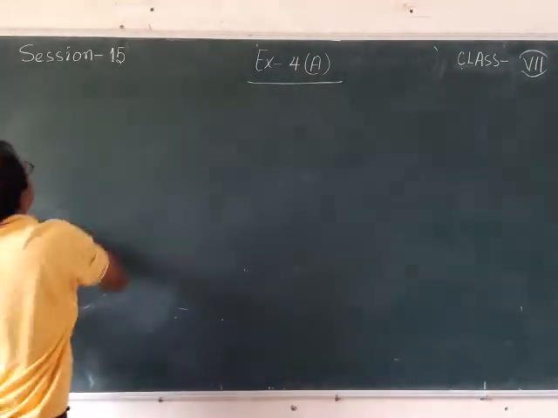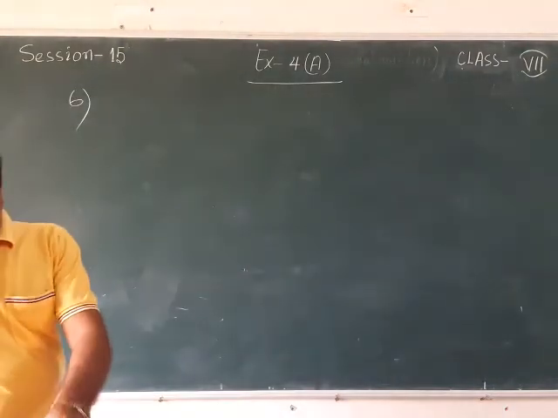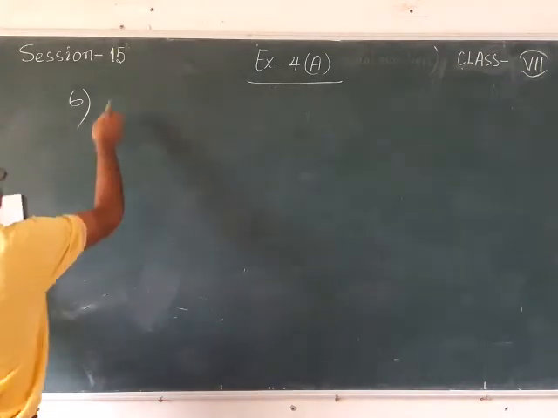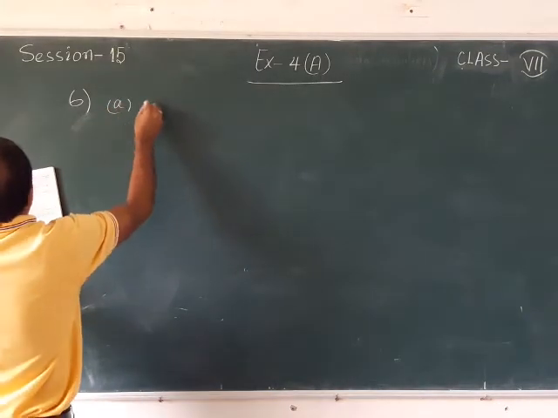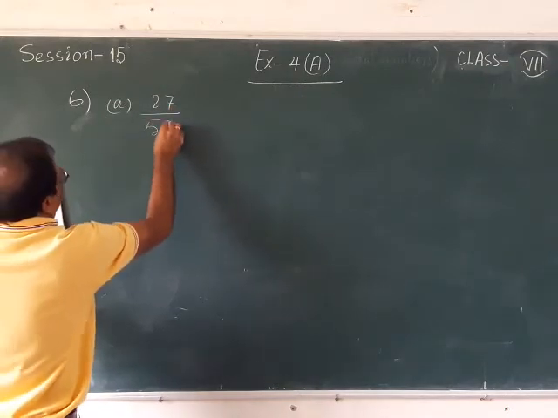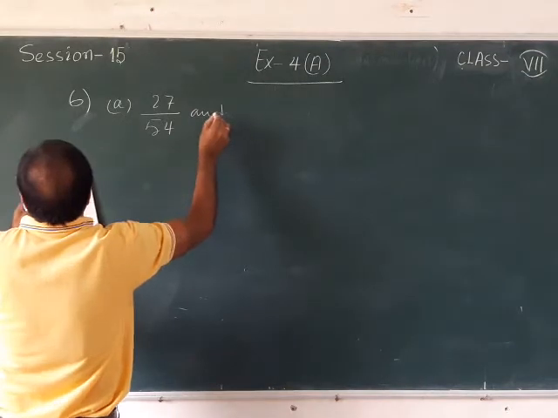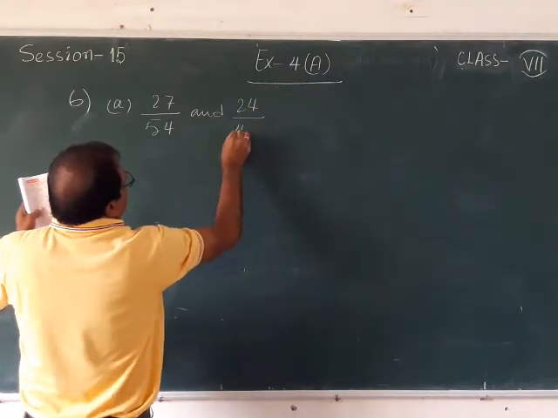So in question number 6, what is there? You need to check it by cross multiplication. So 6a, it is written 27 upon 54 and another one is 24 upon 48.